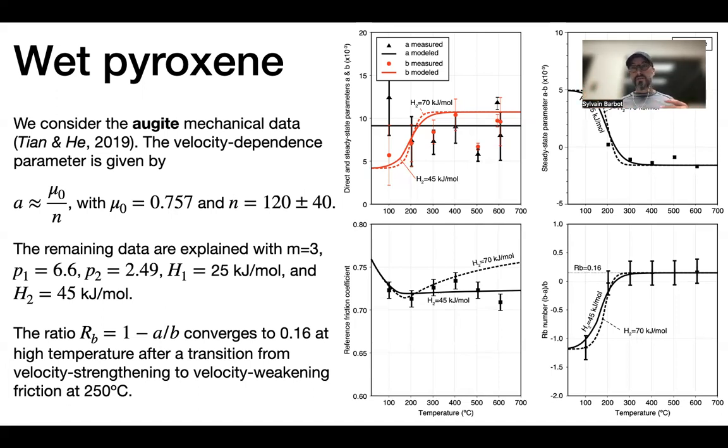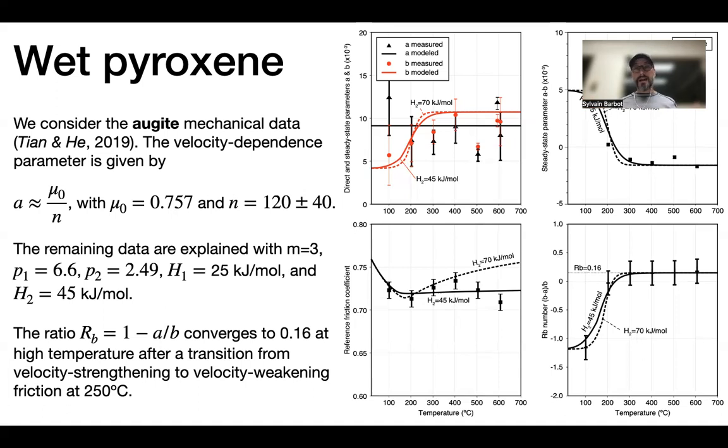A in this model can be approximated by mu naught over n. Using mu naught equals 0.75, that implies an n of 120 also, but there's some variability, plus or minus 40. So a fairly high power exponent for stress.